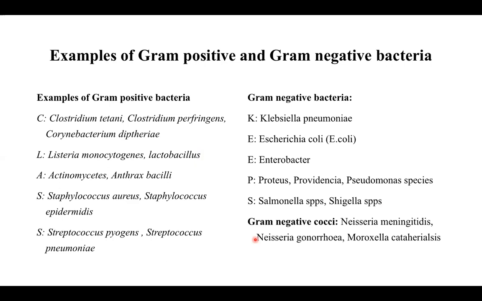And the mnemonic for the Gram negative bacilli is KEEPS. K stands for Klebsiella species, E stands for Escherichia coli, and another E stands for Enterobacter. P stands for Proteus, or Pseudomonas. S stands for Salmonella or Shigella.